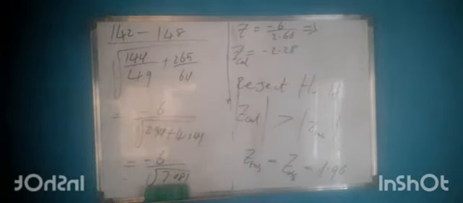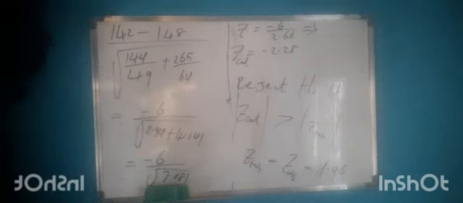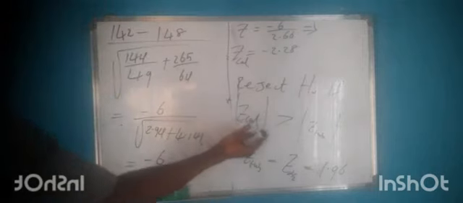That value is from the Z table. So the rule says we should reject H naught if the absolute value of Z calc is greater than the absolute value of Z tabulated.